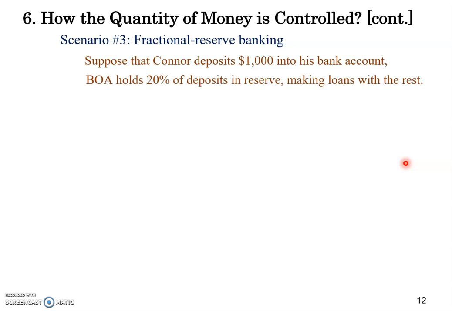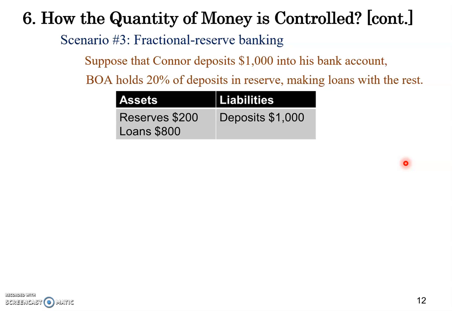But the difference is BOA held 20% of its deposits in reserve, making loans with the rest. Okay, so here we find that the BOA balance sheet would look like this. On the left-hand side, it keeps the $200 in its office as reserves.